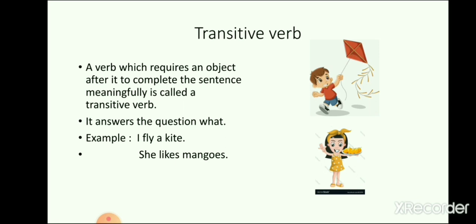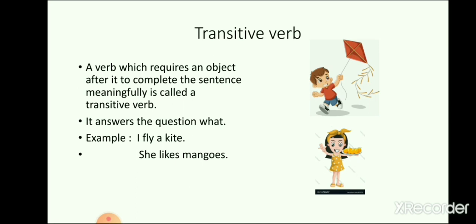The object answers the question what. She rides what? A bike.